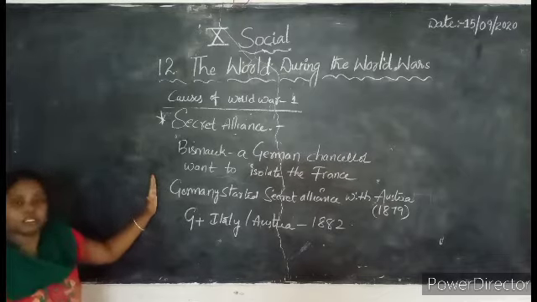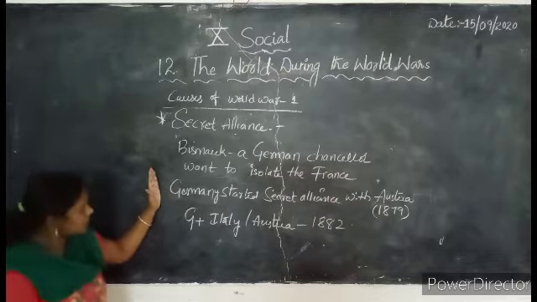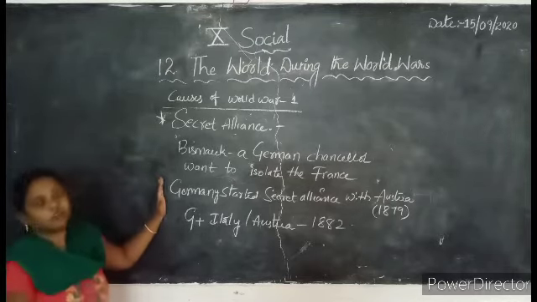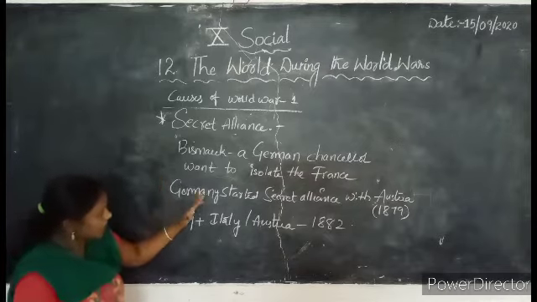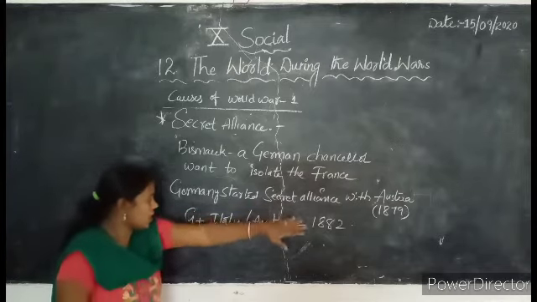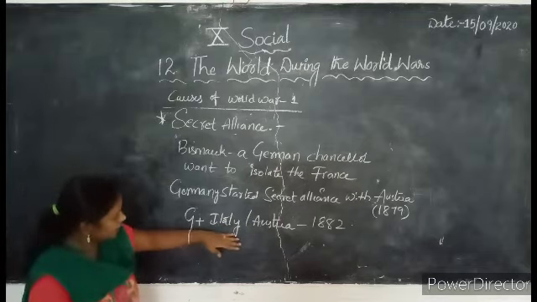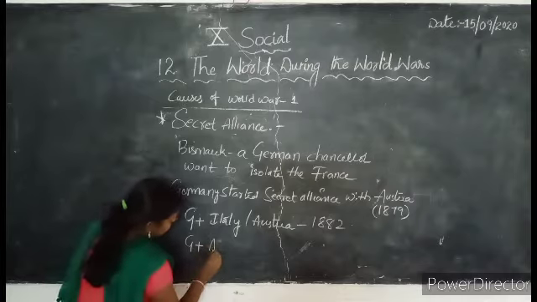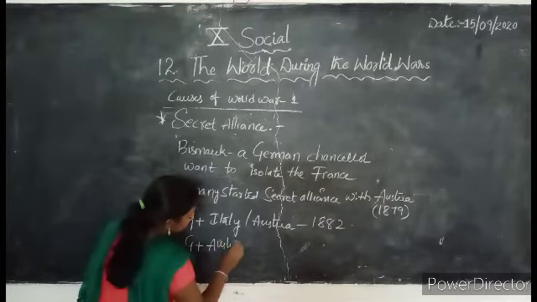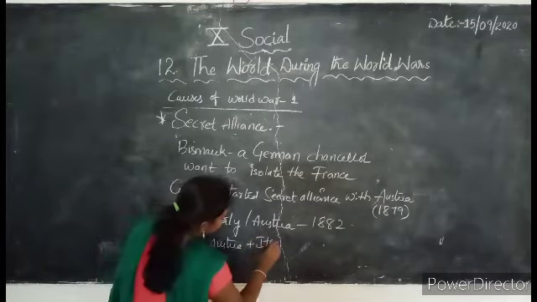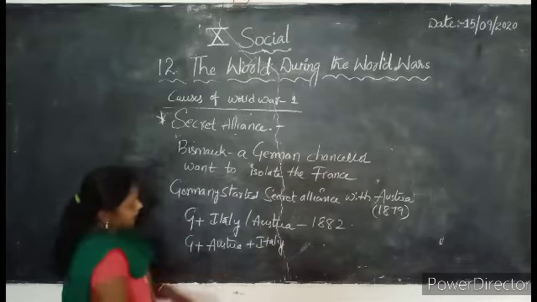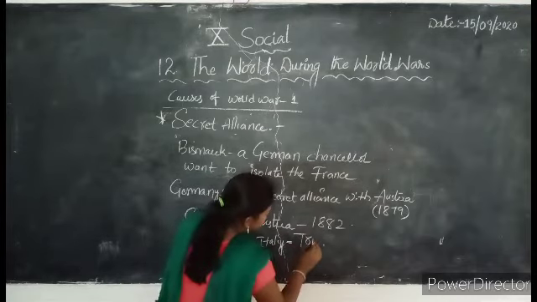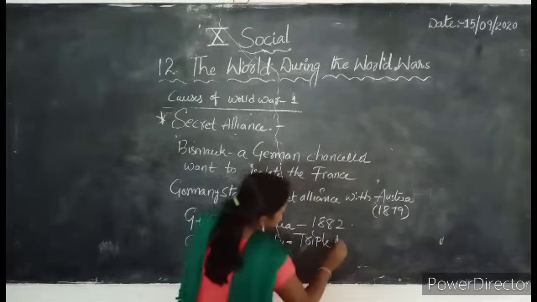In order to increase their strength and power, to control the other powerful nations. So, they started the secret alliance with Austria and later Italy. Now Germany made the secret alliance with Austria and Italy. We call this what? Triple Alliance.